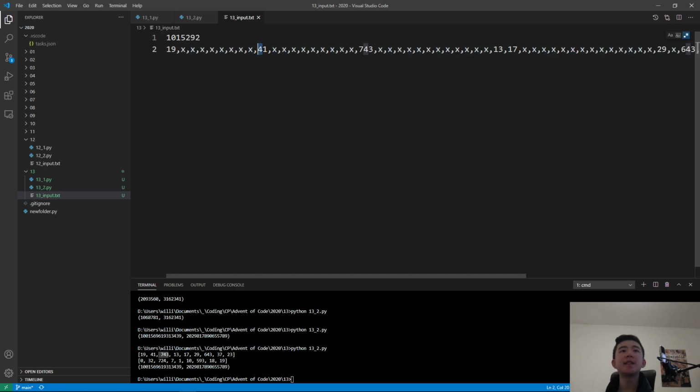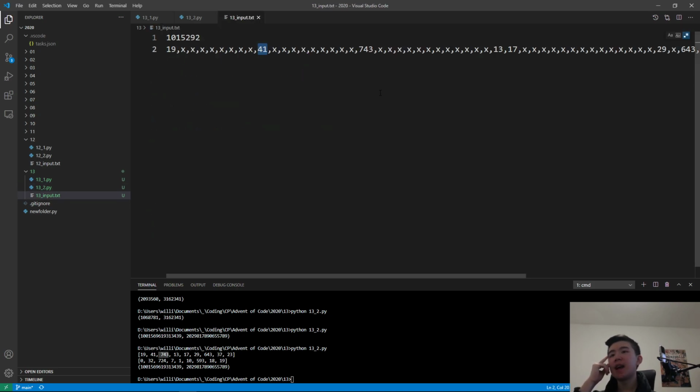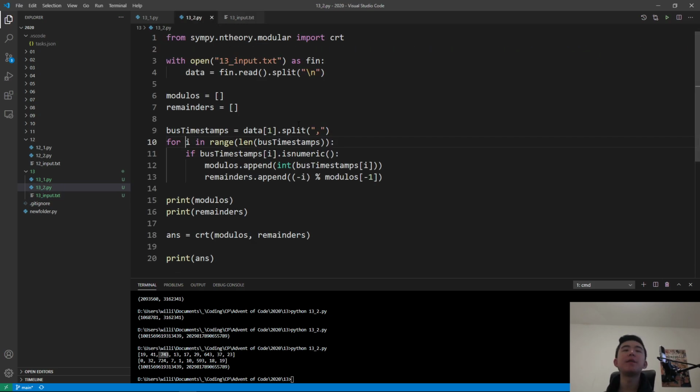And then at index 10, we hit bus 41. So this means that 10 after t is going to be a multiple of 41. In other words, t is equivalent to negative 10 mod 41, because we're stepping back 10 steps to get to t from a multiple of 41.